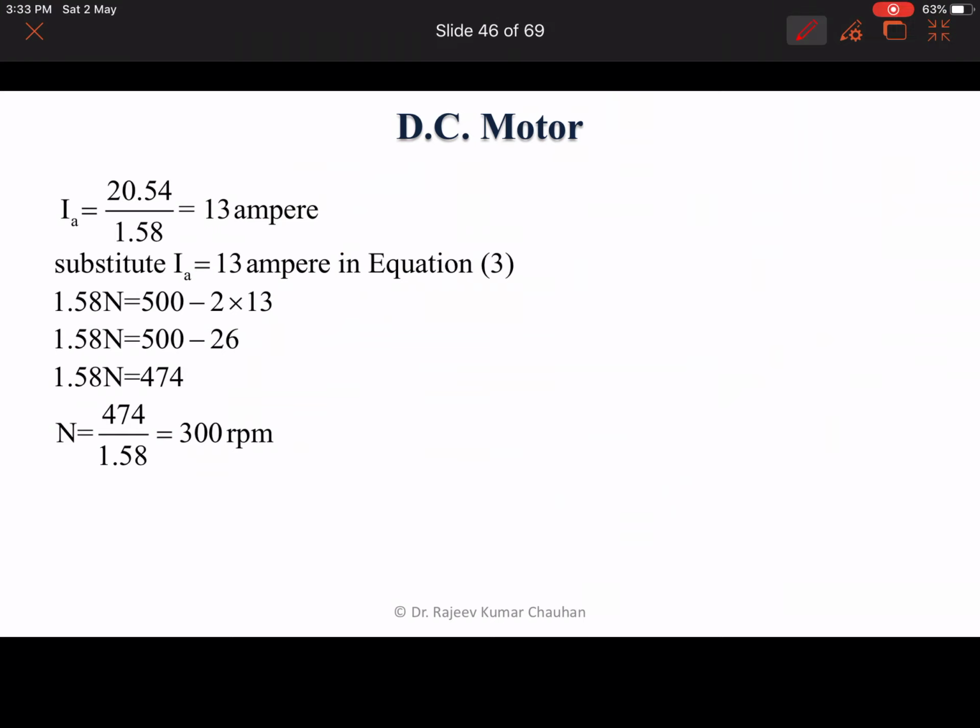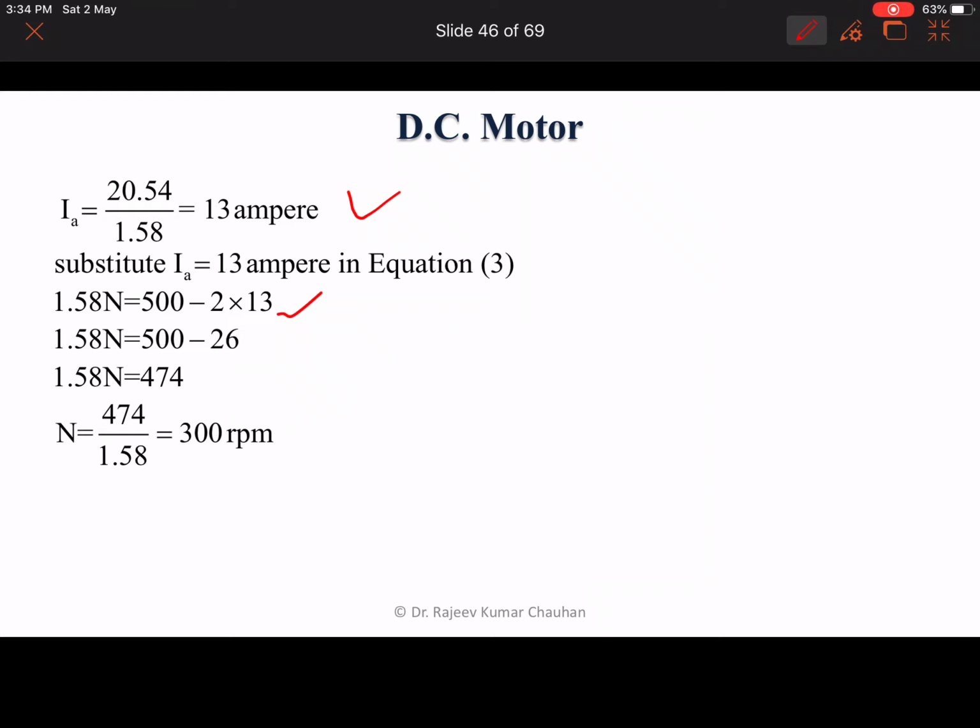Substituting Ia is equal to 13 ampere in equation number 3. So 1.58 N is equal to 500 minus 2 Ia, and Ia is 13 ampere, so 13 is here.